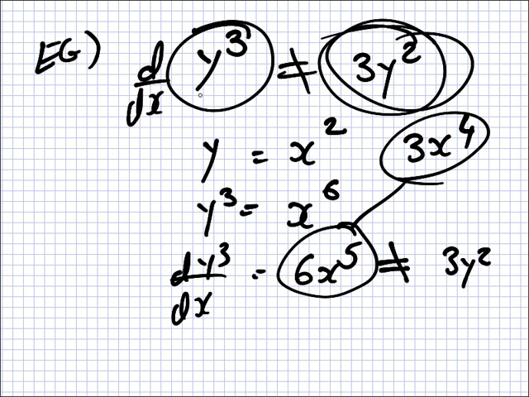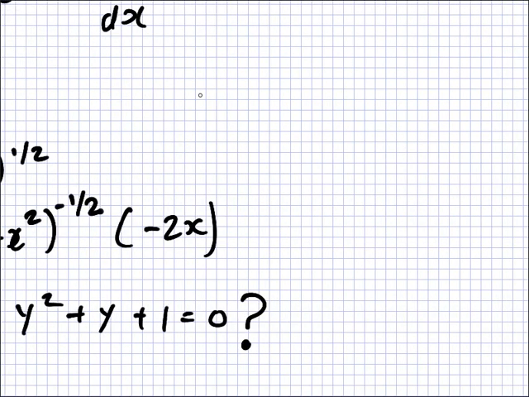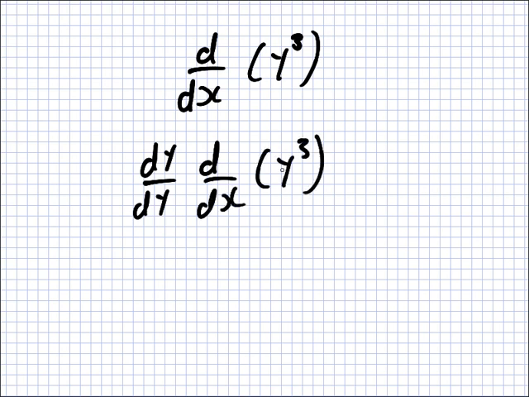If I can go back up a little bit here and just go to the side for a moment. So, if I want the derivative of something like y cubed, the trick is I put here a dy over dy. What's that? It's 1.